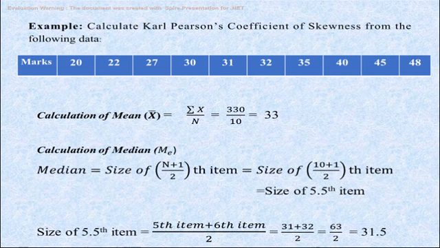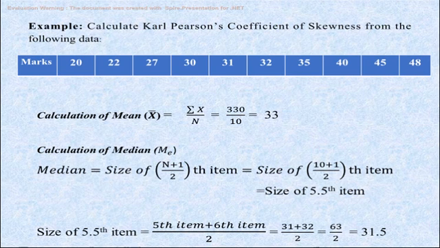The formula for calculating median is size of (n plus 1) divided by 2th item, which comes out to be 5.5th item, which means the median lies somewhere between the 5th and 6th item.